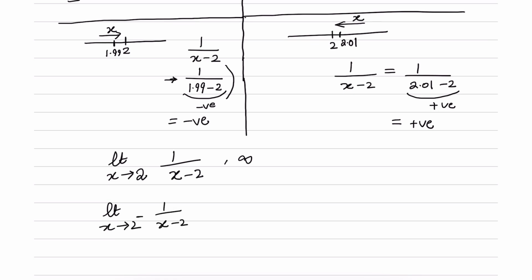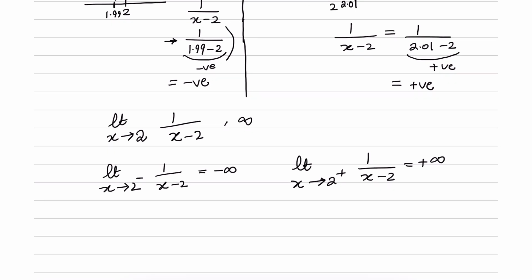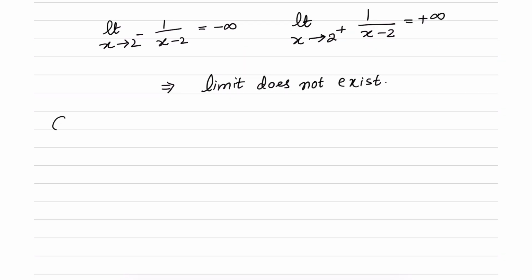We saw that the left hand limit answer was minus infinity, and then you find the right hand limit, and we saw that in this case it was plus infinity. Since the left hand limit and the right hand limit are not definite numbers, we will say that the limit in this problem does not exist.